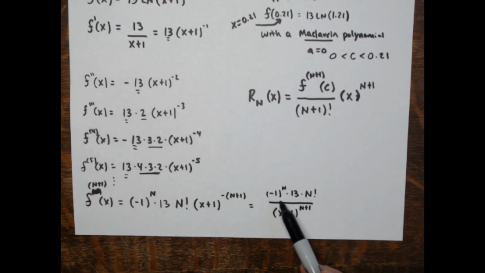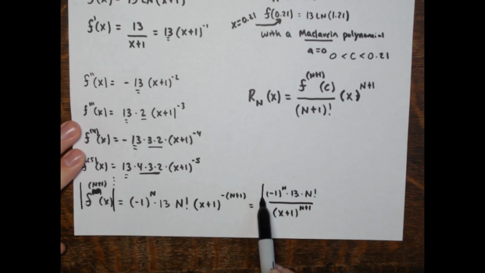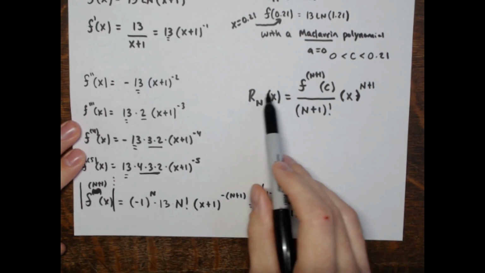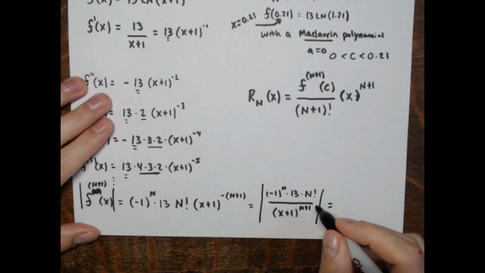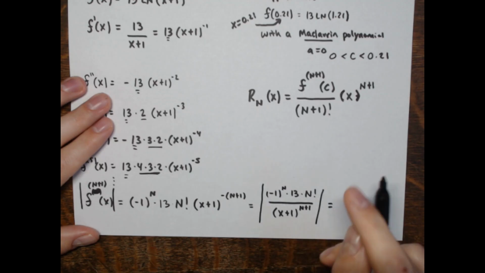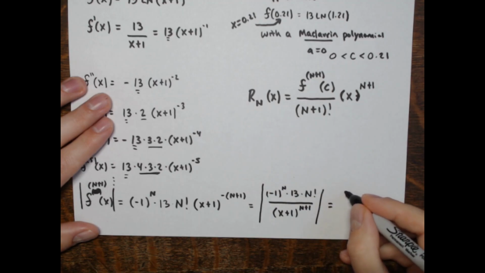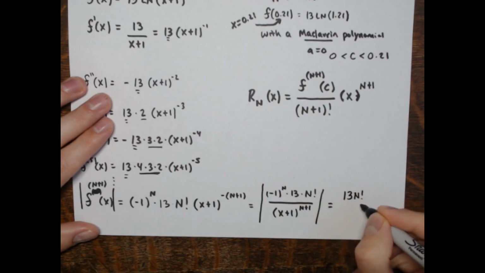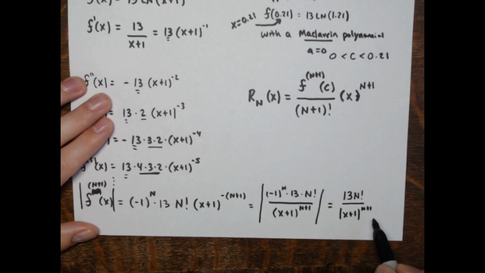Now this, when I look at the absolute value of such a thing, because we're going to require that when we look at absolute error, I'll just get rid of this negative 1 to the nth thing, and then all this stuff here, except for x plus 1. x plus 1 could be negative, but we're talking about values between 0 and 0.21. But anyway, this will be 13 times n factorial up top over the absolute value of x plus 1 to the n plus 1 down here.